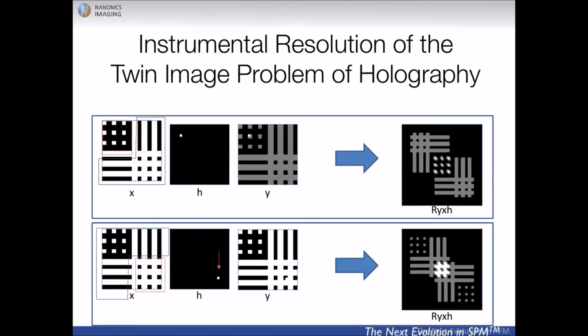Okay? So with this methodology, you could have the probe in one place and image this region and not worry about the interference of the other region. Or you could put the probe in the other place and image this other region. And then you can, in fact, generate the whole image.